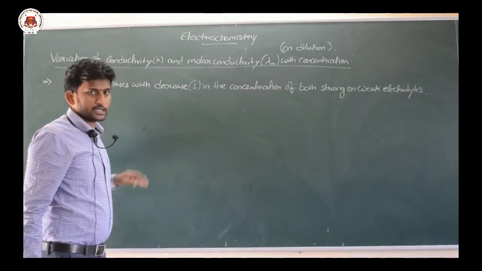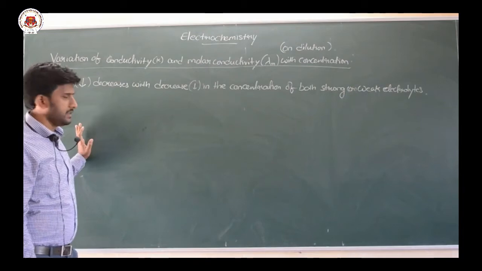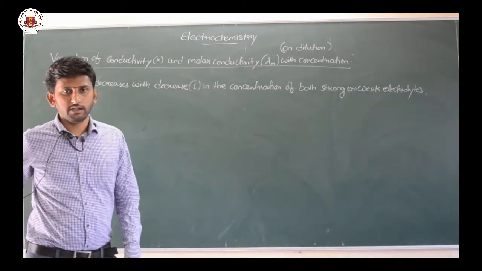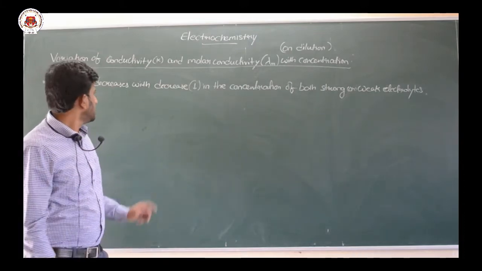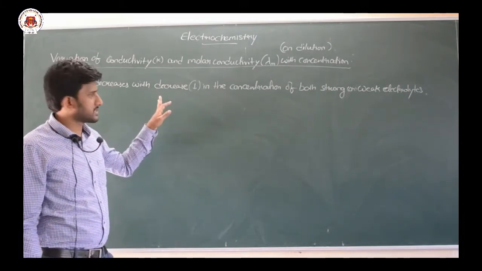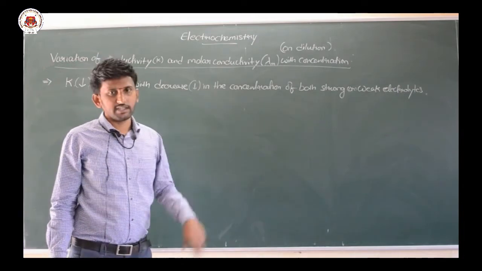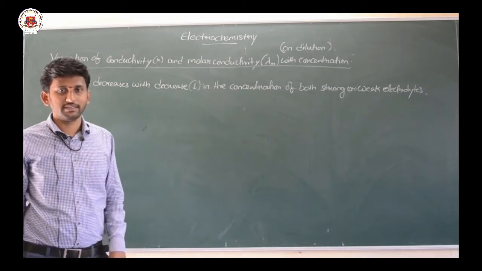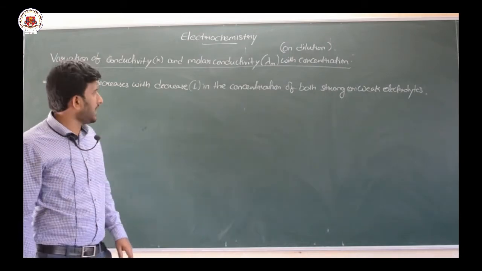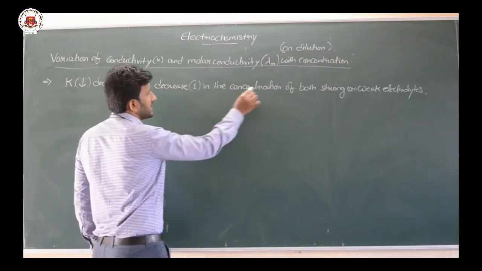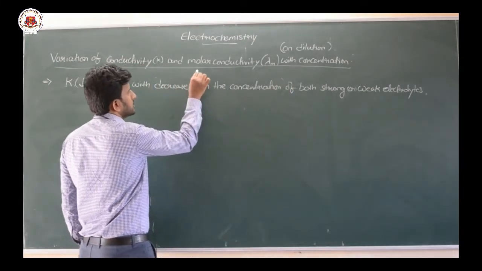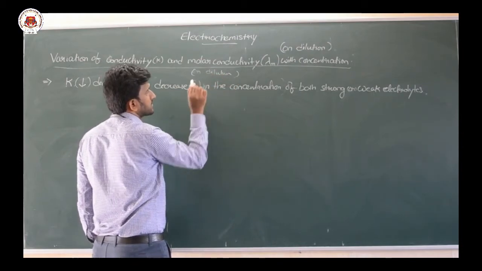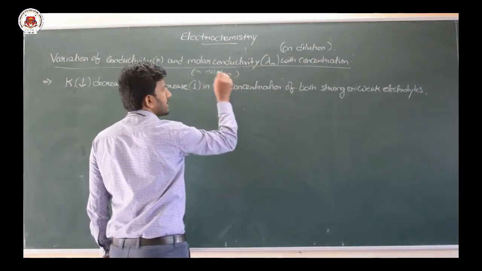So what is K? Conductivity. Conductivity for any solution is due to what? The number of ions present in the solution. So what happens if you are decreasing the concentration? Decreasing the concentration means you are diluting the solution. In place of decrease in concentration, I can also use the term on dilution.